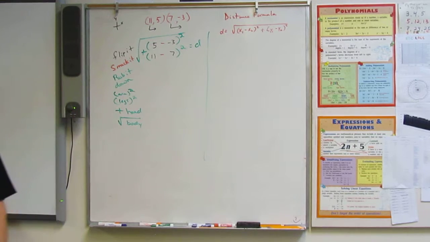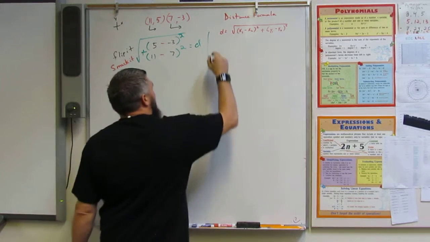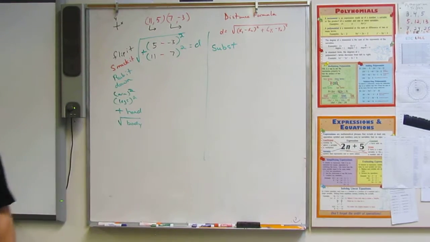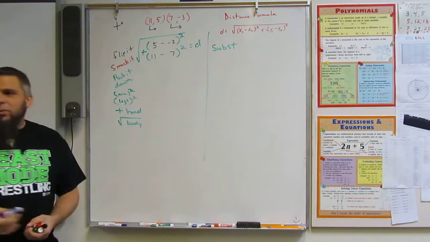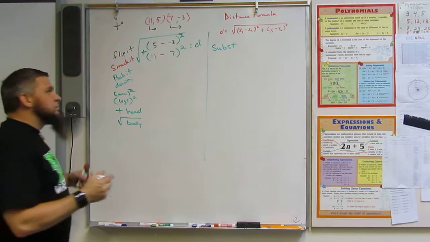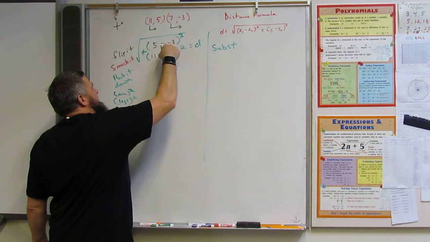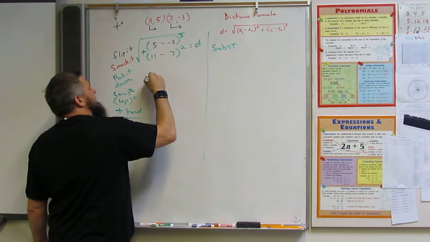Now, how did we find that? We found it through substitution. Okay? Alright, so what's our next step? 5 minus 3 is 8.